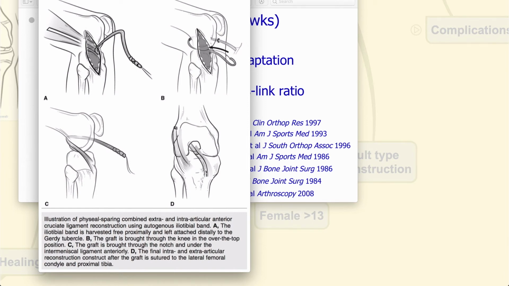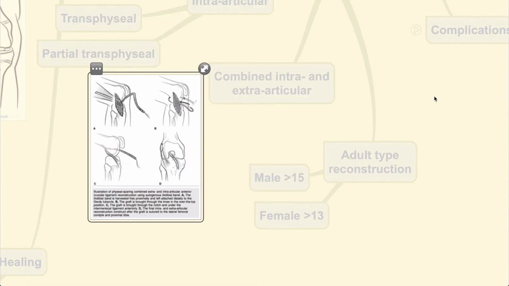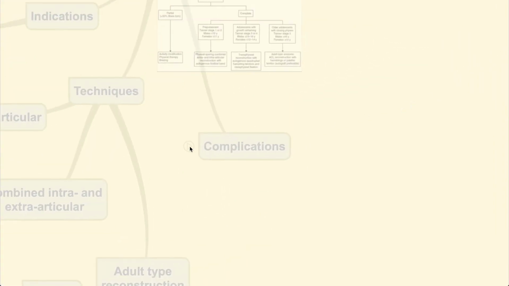The iliotibial band is harvested proximally, and then it is left attached distally to the Gerdy's tubercle, and then the graft is brought through the knee in an over-the-top position, and then the graft is brought through the notch, and then under the intermeniscal ligament anteriorly, and the final intra- and extra-articular reconstruction after the graft is sutured here to the lateral femoral condyle and the proximal tibia.